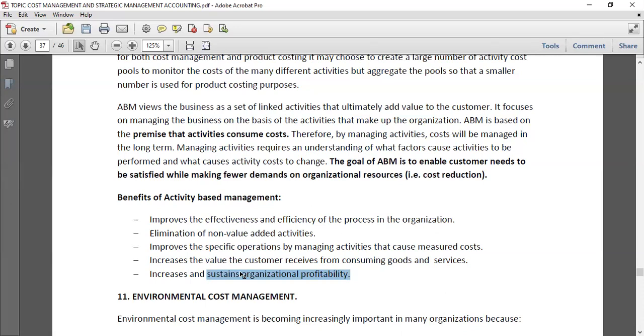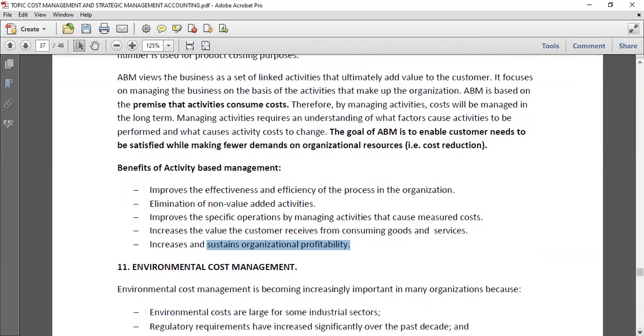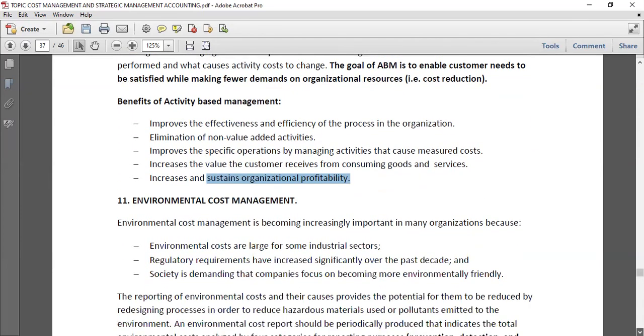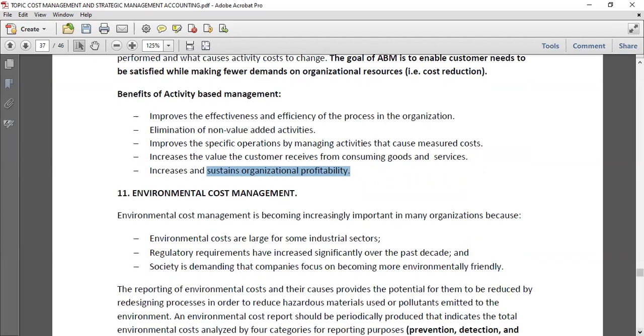The other that I want to comment about lastly is environmental cost management. It's also a key component of our strategic cost management systems, and this is because organizations are placing more emphasis on the environment.